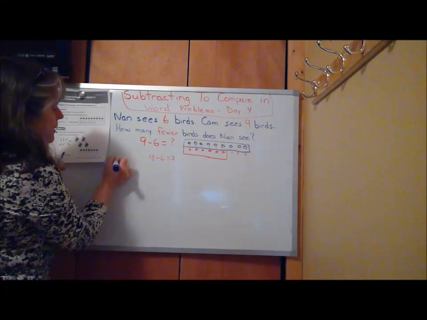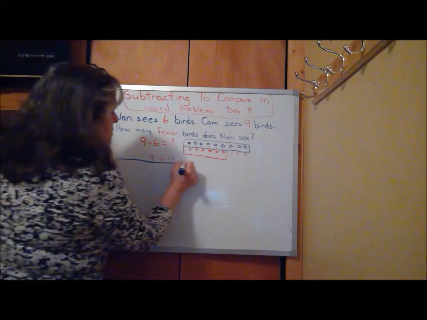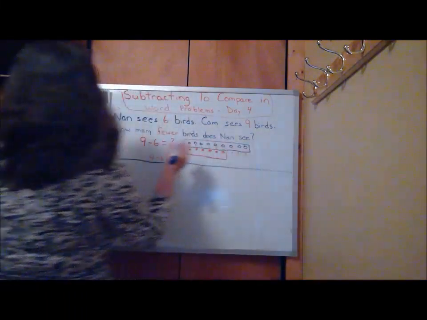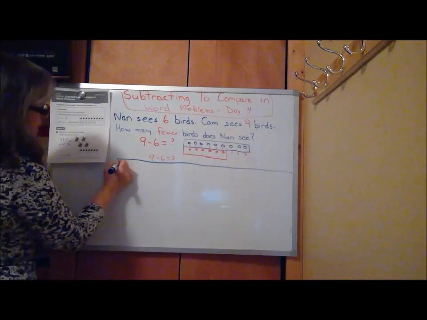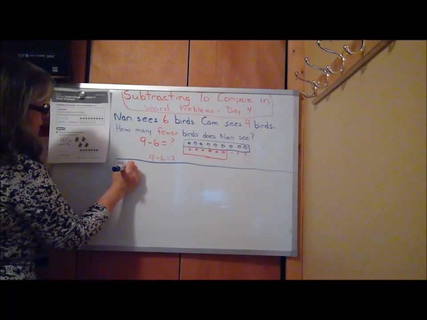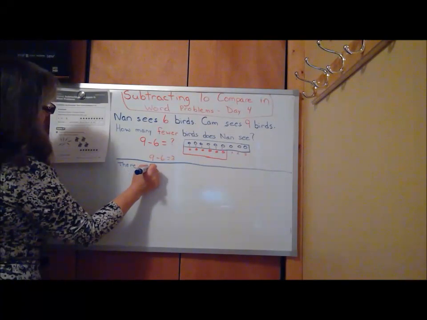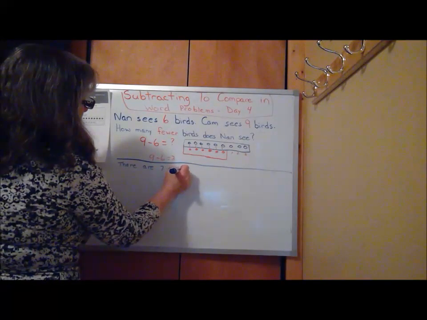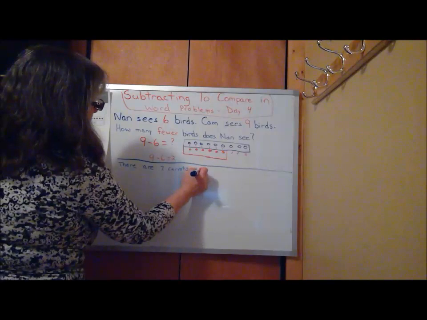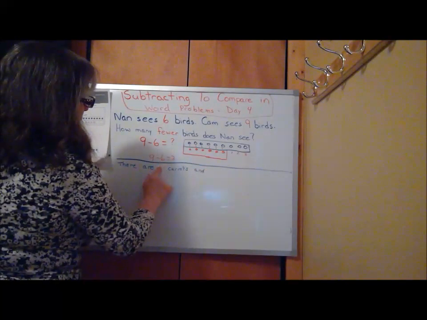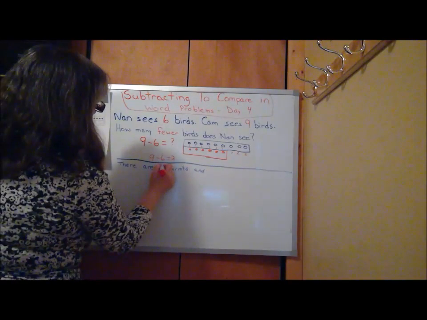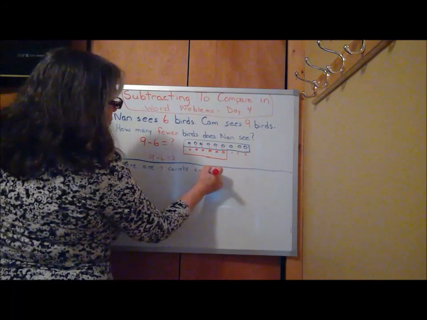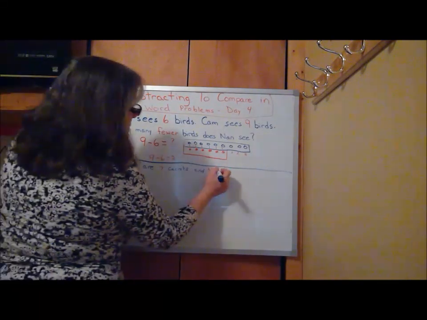Let's do another one right underneath it. And it says, there are 7 carrots and 4 rabbits. Let me change this. I like to make the numbers pop out at me.